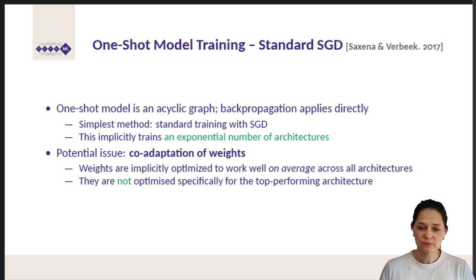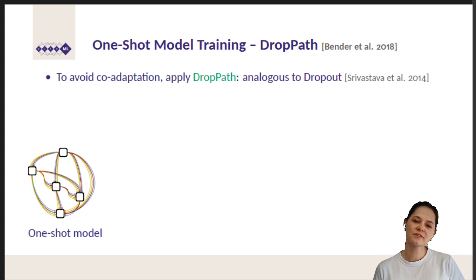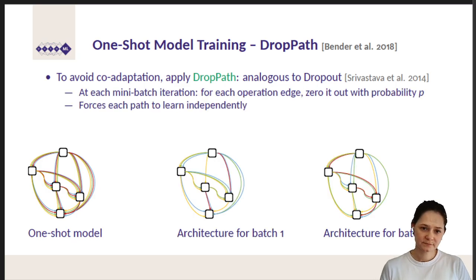And one option to mitigate that is to use drop path, which is a very analogous way to dropout. So what it's doing, at each mini-batch operation, we have our one-shot model. We zero out one edge with a probability P for each operation edge. So for example, here at our batch 1, we have only our yellow edge connecting these two nodes with each other.